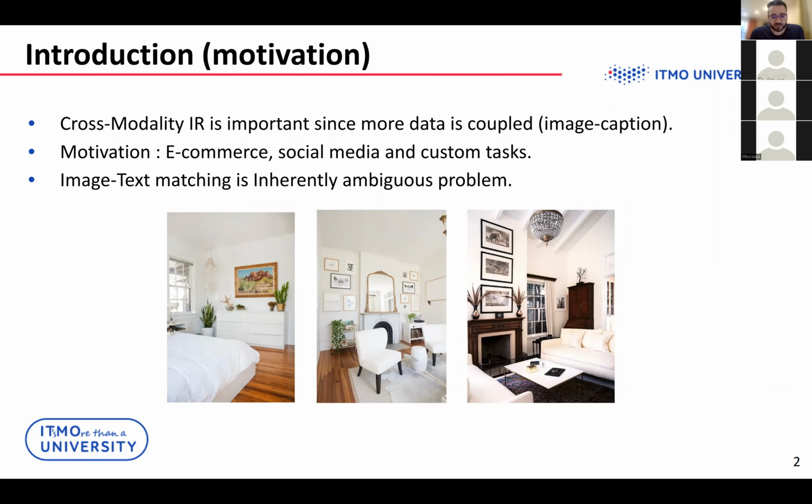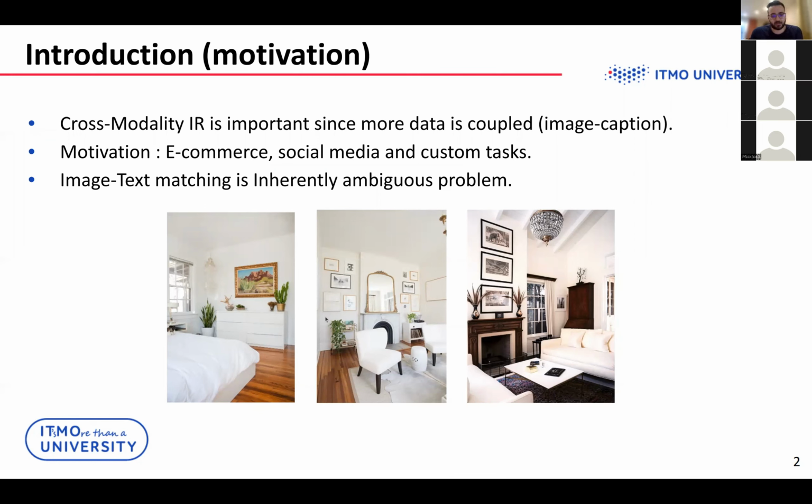We can find some kind of minimum common query. But if we take a deeper look, we can see that there are some differences between these images. So if you say in your query, I want a white room with some green plants, then you probably don't want to see the image to the right, but either one of these two images to the left.